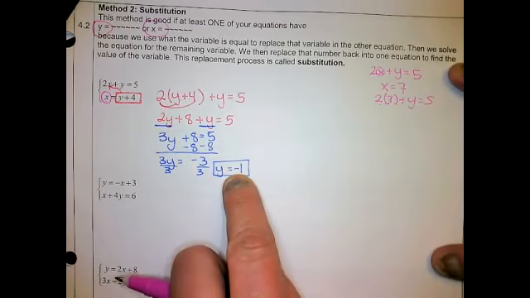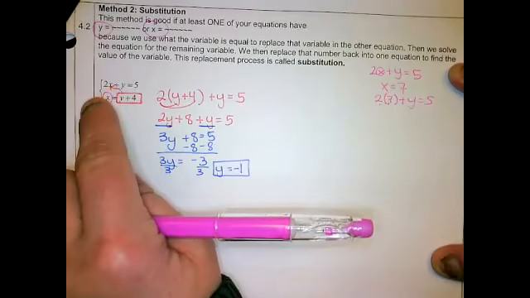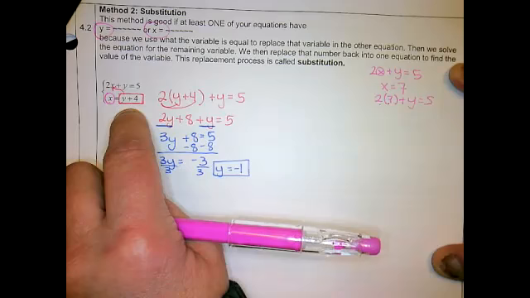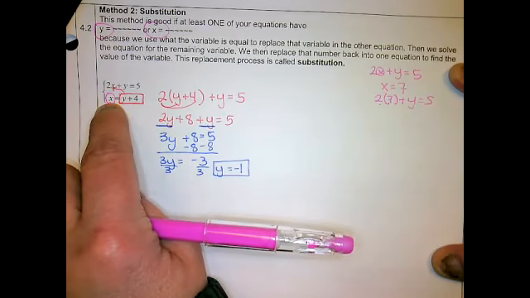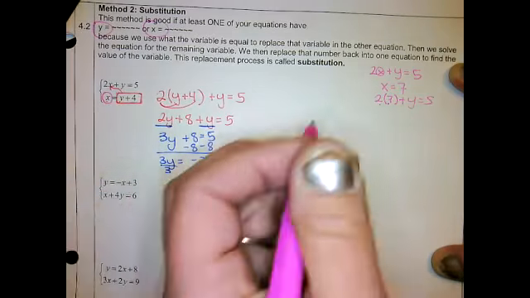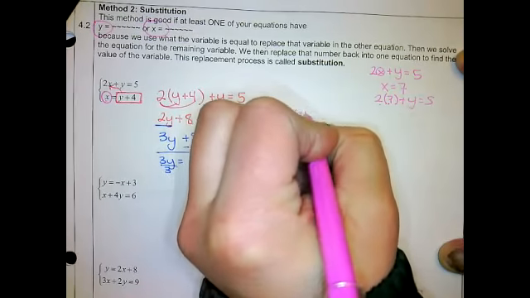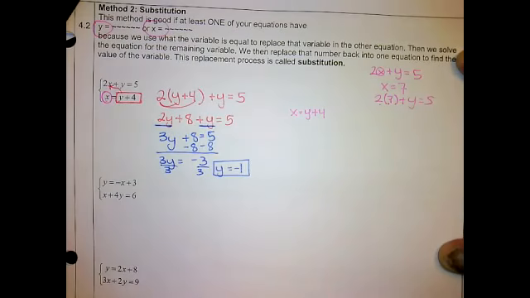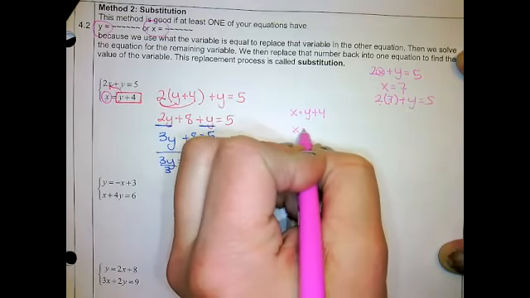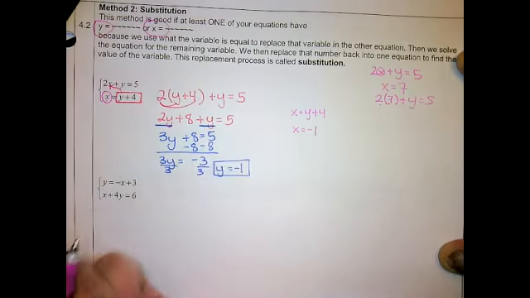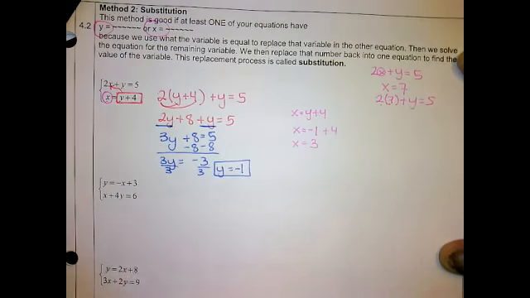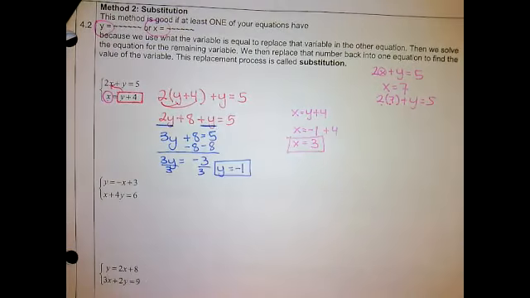So now that I know my y value, I can choose either one of these, and I can plug y into it. It's almost always easier to choose the one that is already solved for either x or y. So I'm going to take x equals y plus 4, and I know that y equals negative 1. So anywhere I see a y, I'm going to put negative 1 in, and I'm going to solve that, and I get the answer x equals 3.